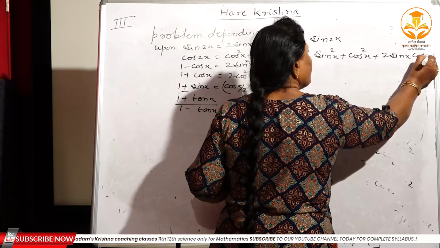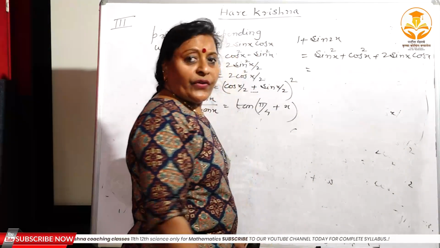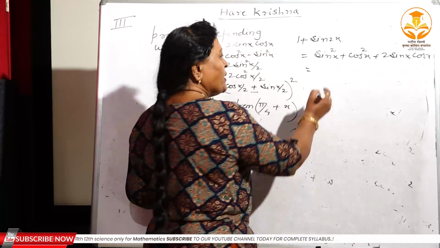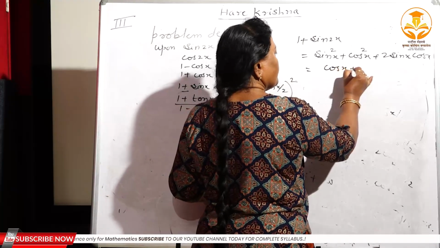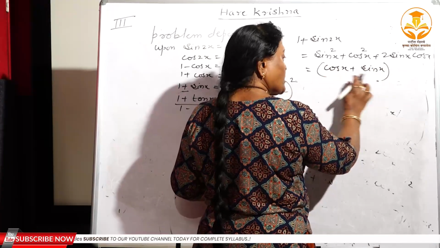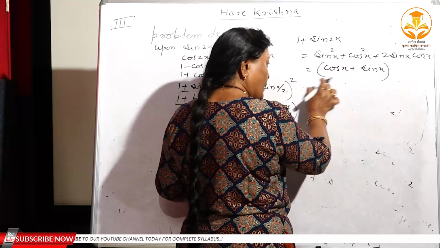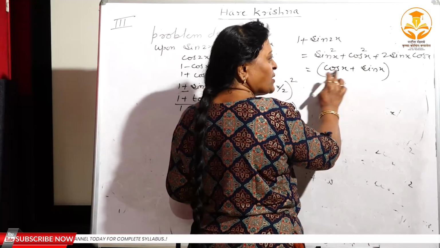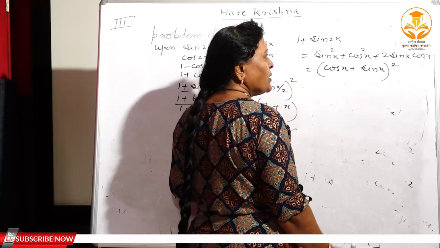If you observe this, it is the perfect square of sin x plus cos x. But every time, write it as cos x plus sin x, which is useful while doing the problem: cos x plus sin x whole square.